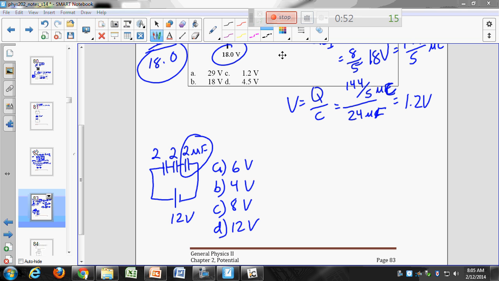You shouldn't really need to do any calculations with this. You should be able to look at it and say, yeah, I know what the voltage is on that capacitor. Think about how those capacitors are in relation to one another.